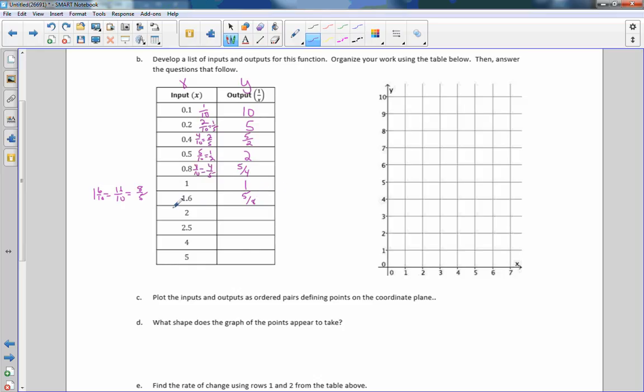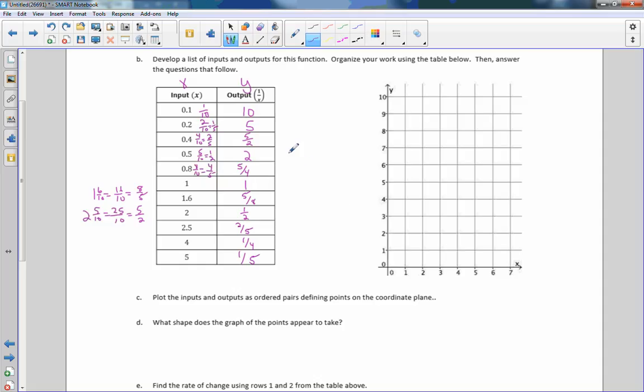And 2 is 2 over 1, and its reciprocal is 1/2. 2.5 is 2 and 5/10, which is 25/10. And 5 will go into 25 5 times, 5 will go into 10 twice. So I take the reciprocal of that, and it is 2/5. 4 over 1's reciprocal is 1 over 4, and 5 over 1 is 1 over 5. Okay, so there are our values.